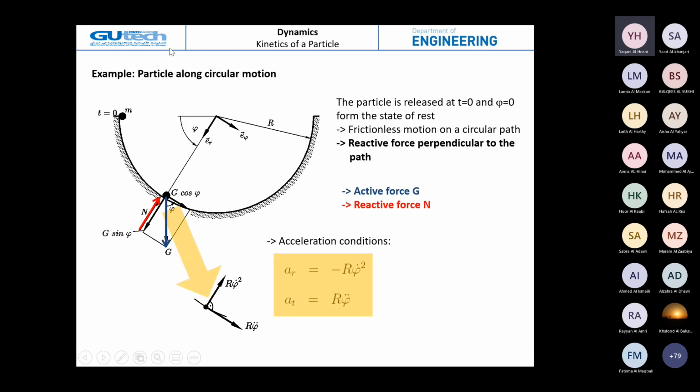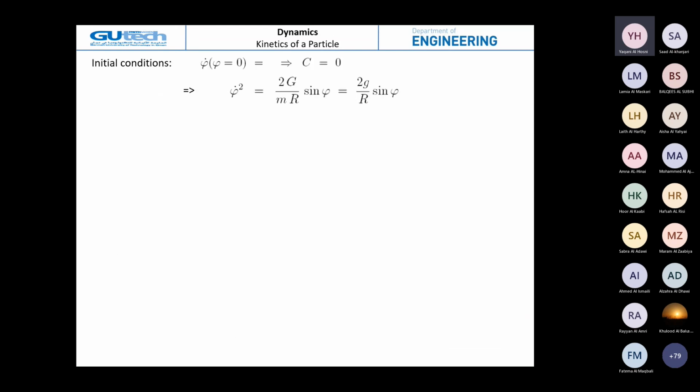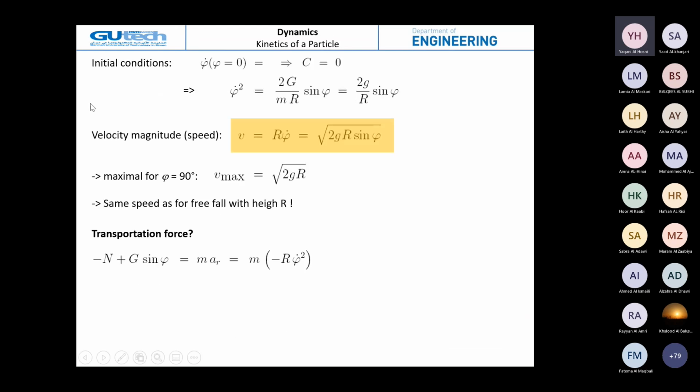That means if we come to this position here, at 90 degrees, we get the same expression as for the falling particle or falling mass. Here we have the same speed as for the free fall with the height r.